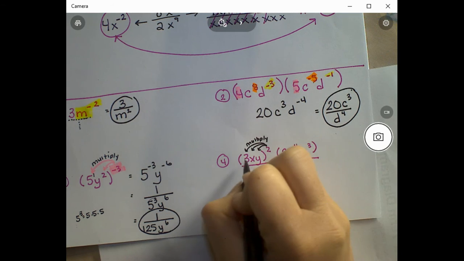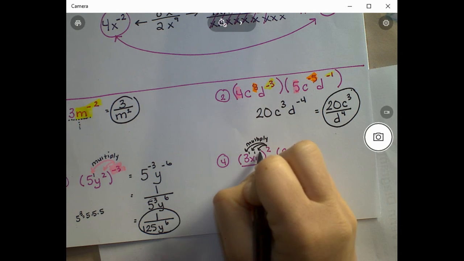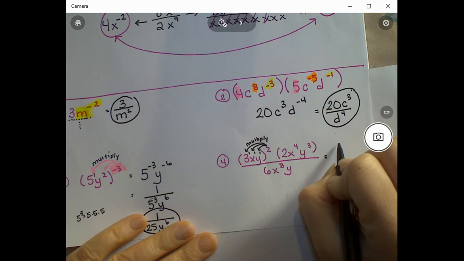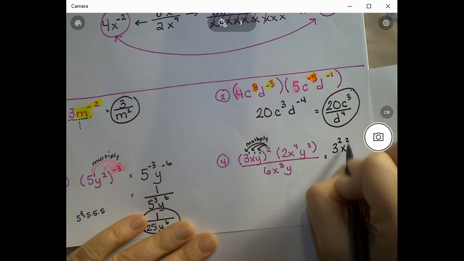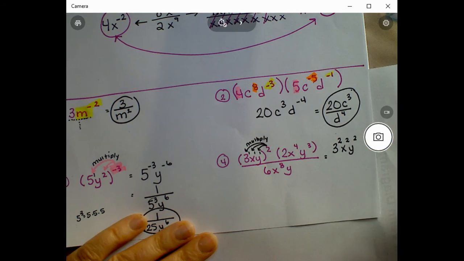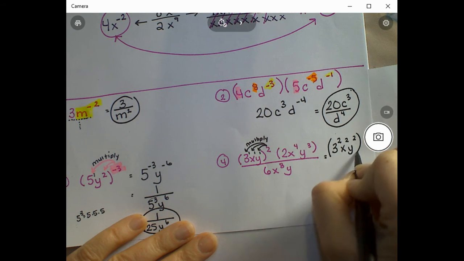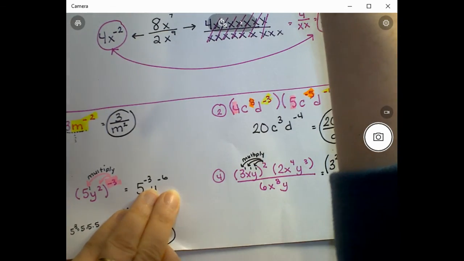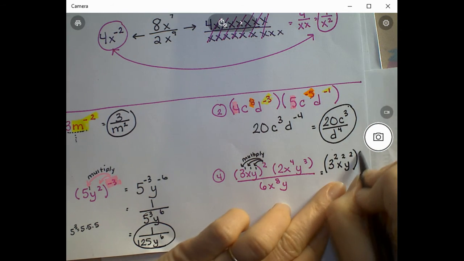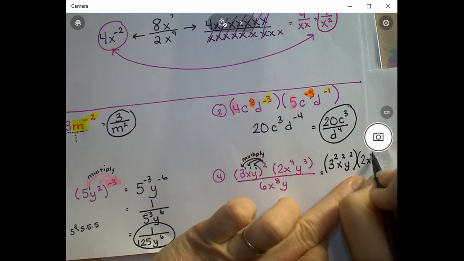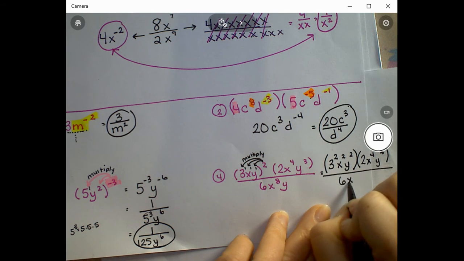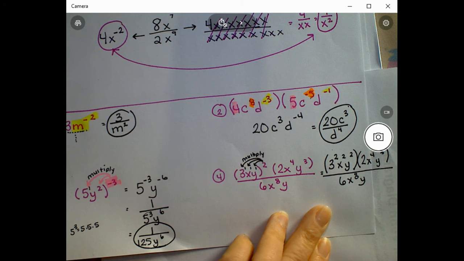Okay, but none of them actually have one written, so we're going to use the implied ones, and we're going to rewrite this as 3 squared x squared y squared. And I'm going to rewrite the rest of the problem around it: 2x to the 4th y cubed over 6x to the 8th y.